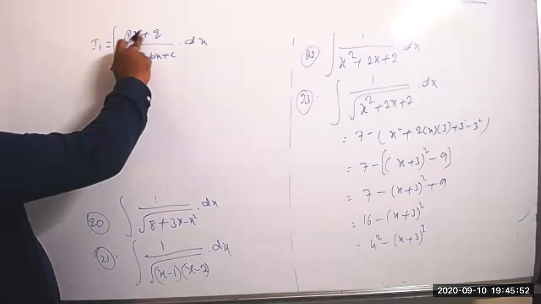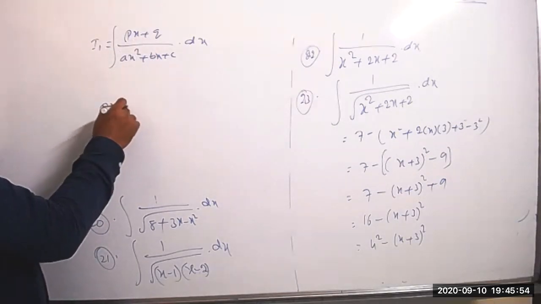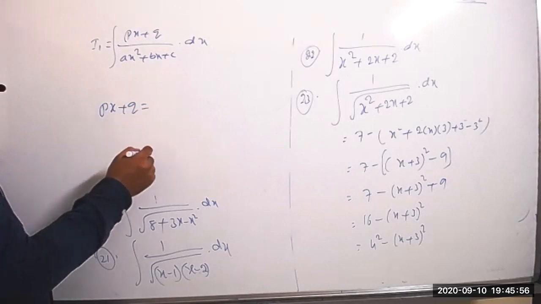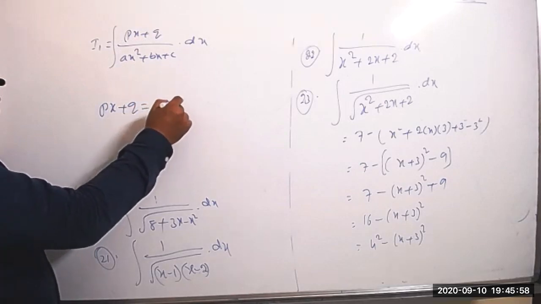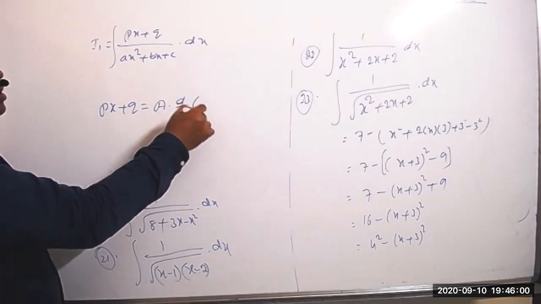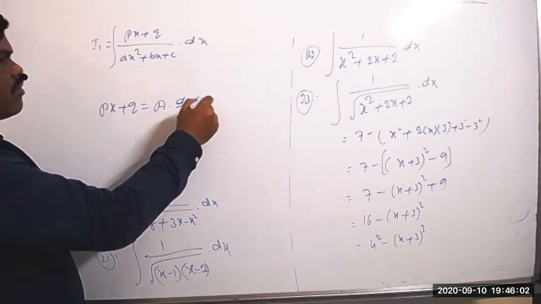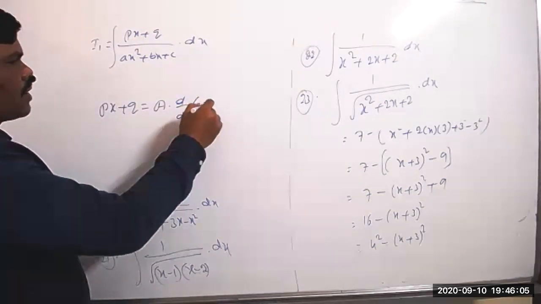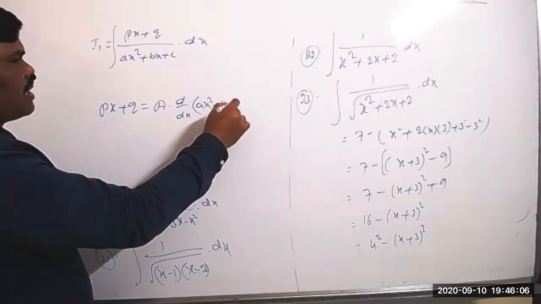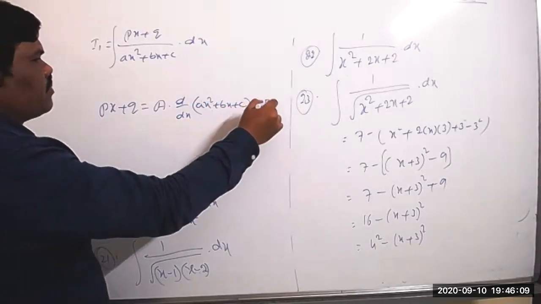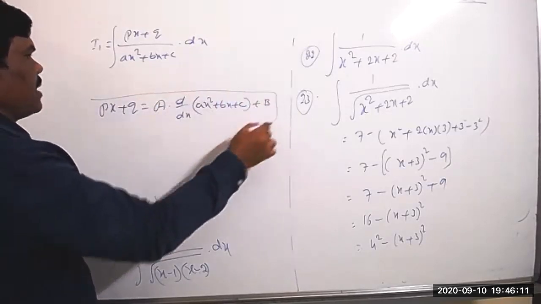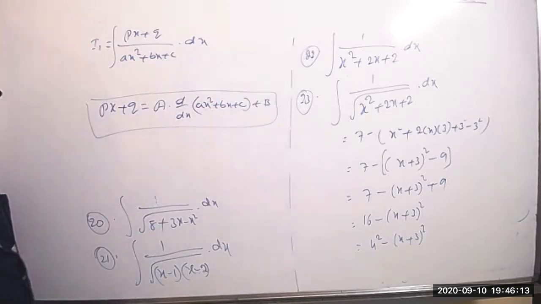In place of px plus q, we have to substitute here a into the differentiation of the second one, ax square plus bx plus c, plus b. This method we have to apply.